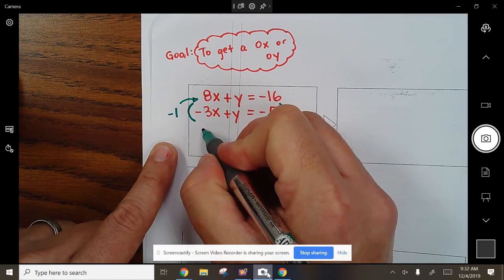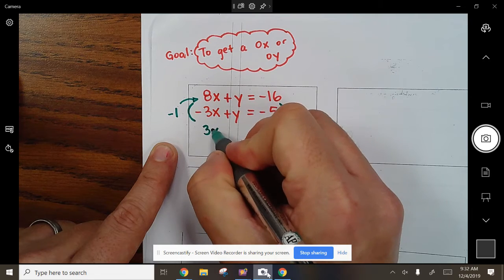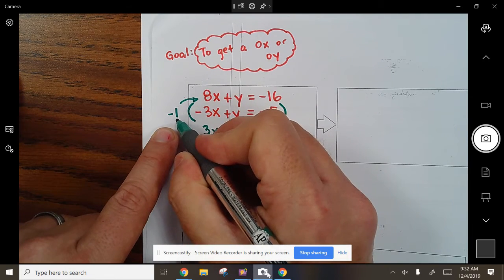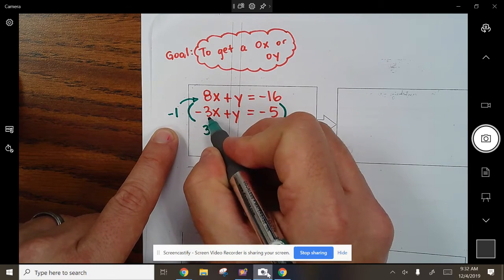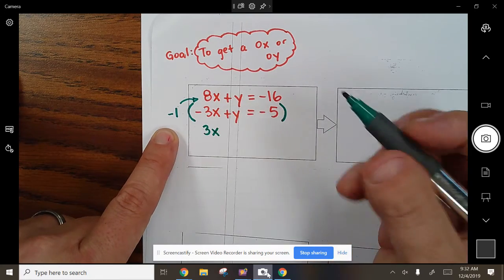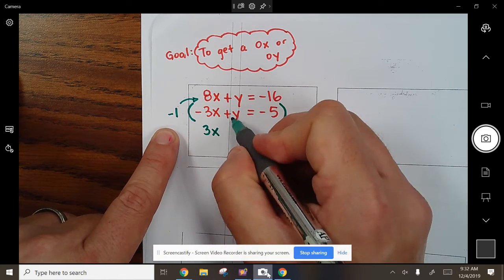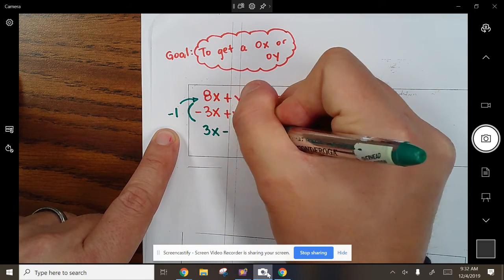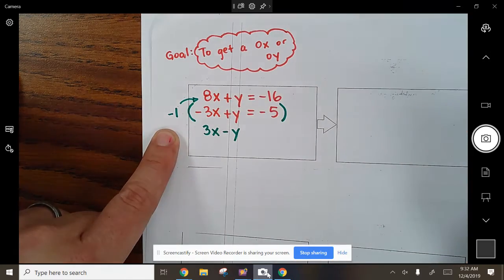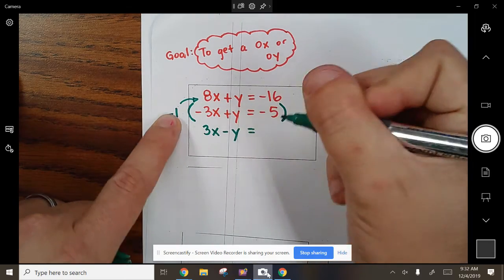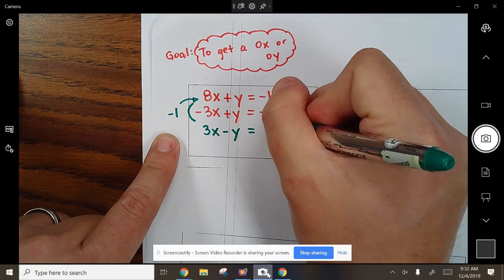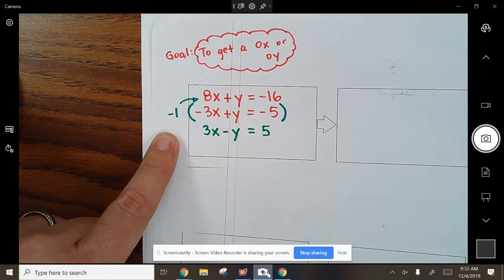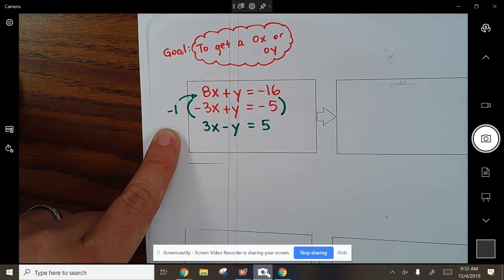What's that going to be? Positive 3x, because anytime you multiply by negative 1, you're just going to change the sign. It's not going to change the actual coefficient, just the sign. Negative 1 times y, well, that's going to be negative 1y. And then what's negative 1 times negative 5? Positive 5.